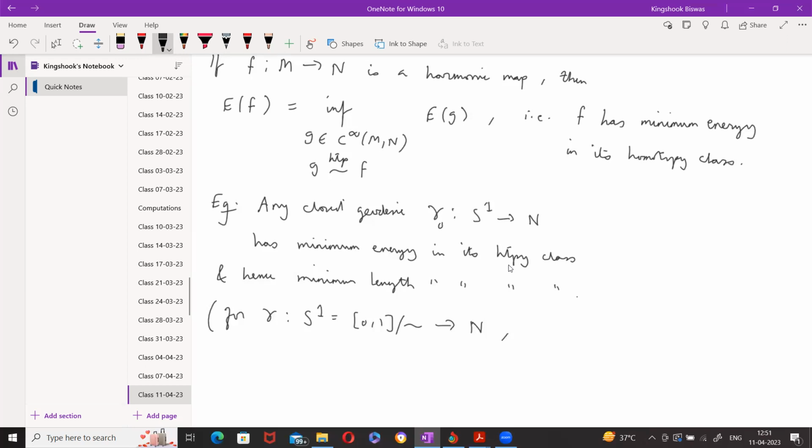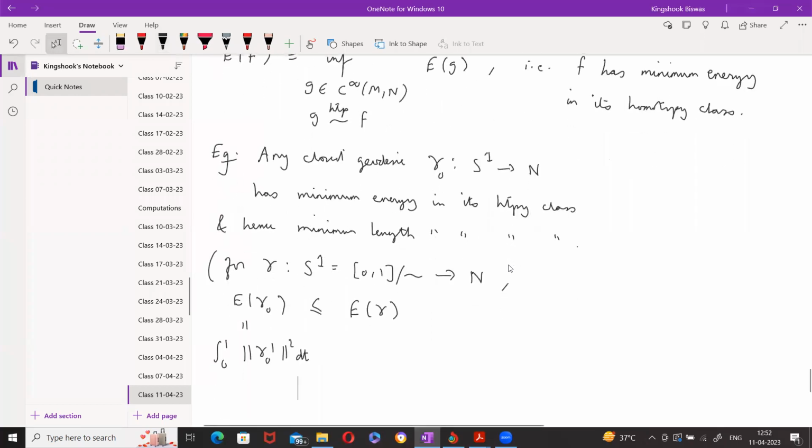So we have the energy of gamma naught, which is less than or equal to the energy of gamma. From this, I want to get that the lengths are less than or equal also. So what is the energy of gamma naught? This is the integral from 0 to 1 of norm gamma naught prime squared dt.